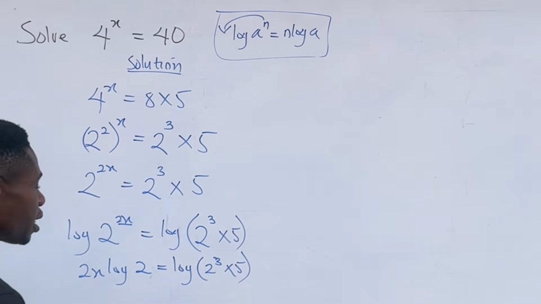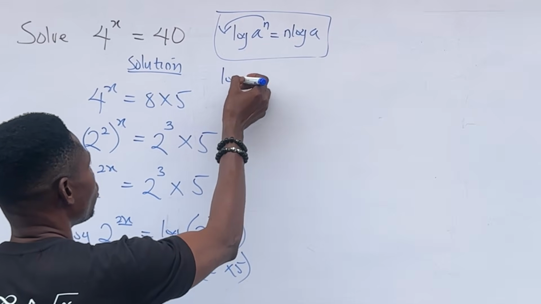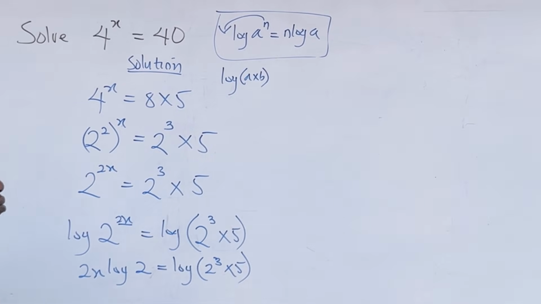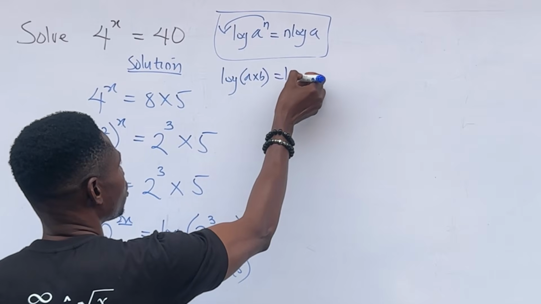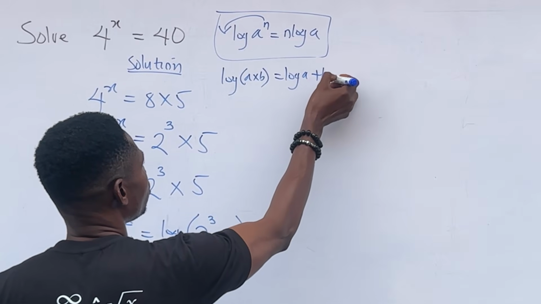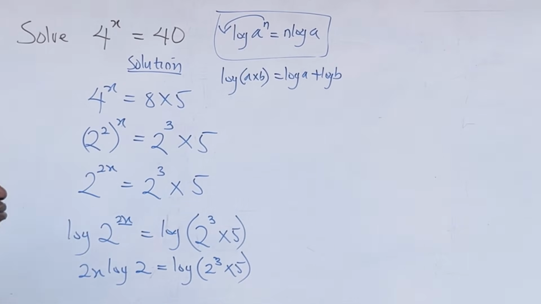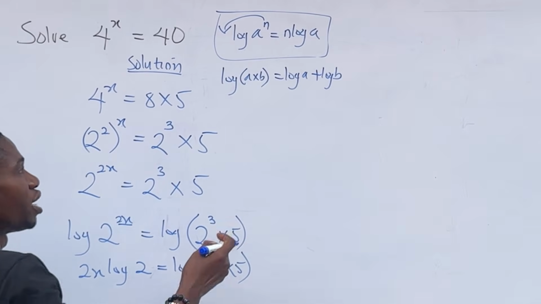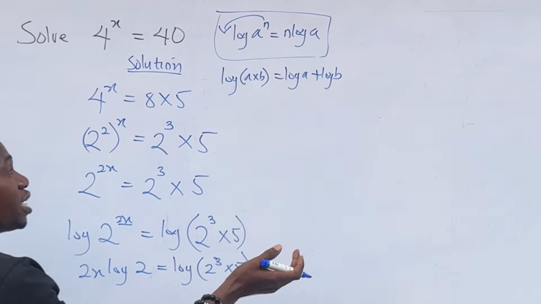Now there's a law of logarithm that says if you have log of a multiplied by b, it can be written as log a plus log b. You call it the product law, and if you go from here down here, you call it the addition law.